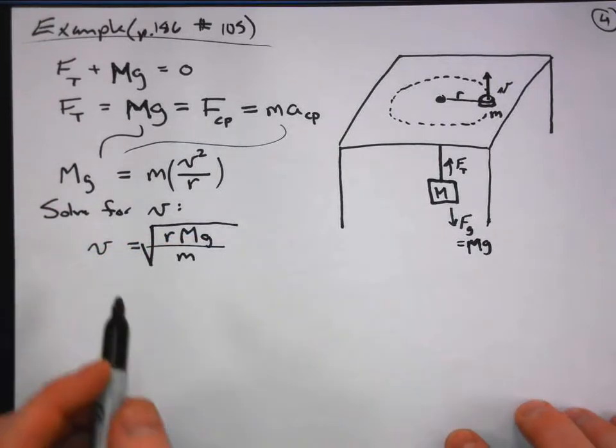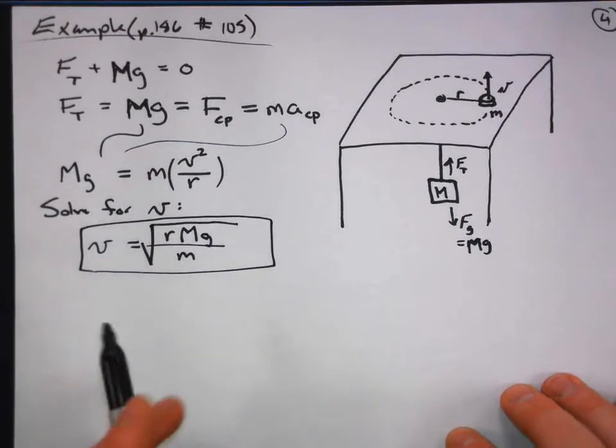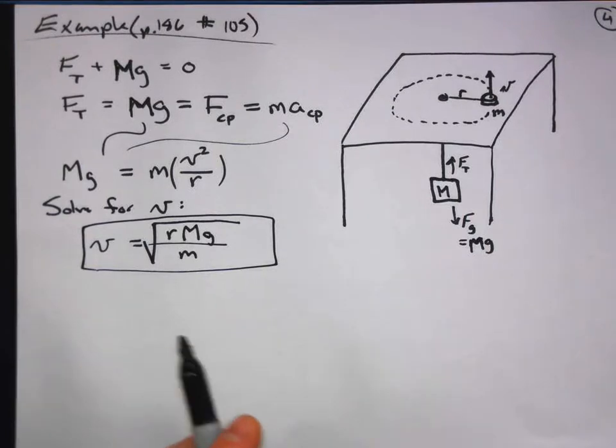And that is it. That is the answer that we needed. We had no numbers, no quantities other than the variables. So that's it for that problem.